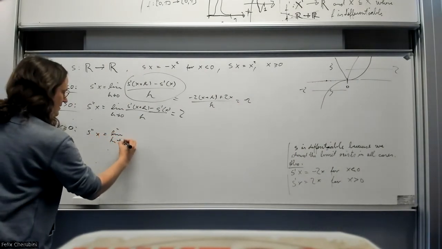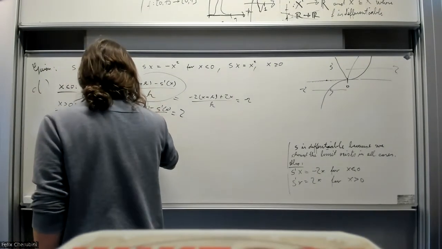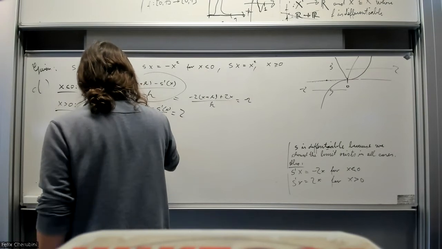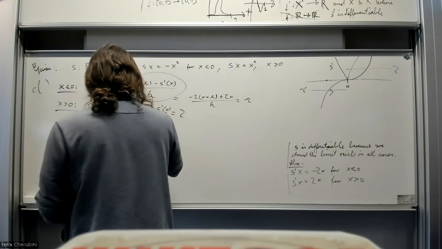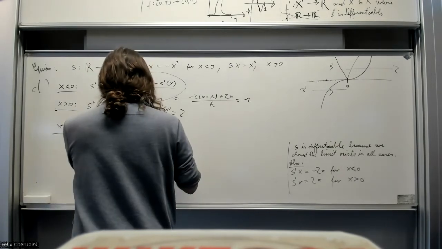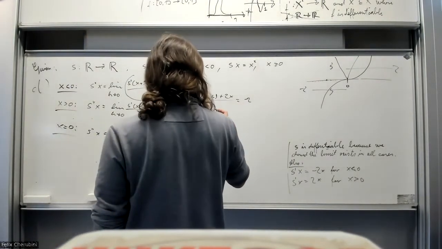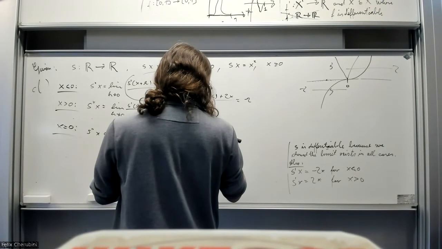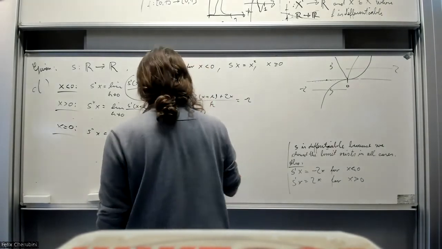Now we have to look at it in more detail. S prime of x plus h, we don't really know what it is. It will be 2x plus 2h, but we don't know the sign.